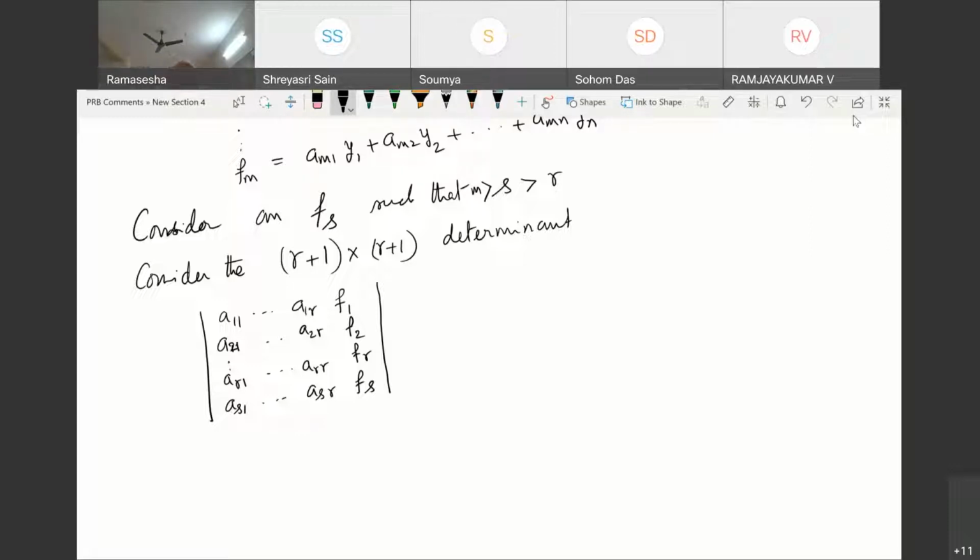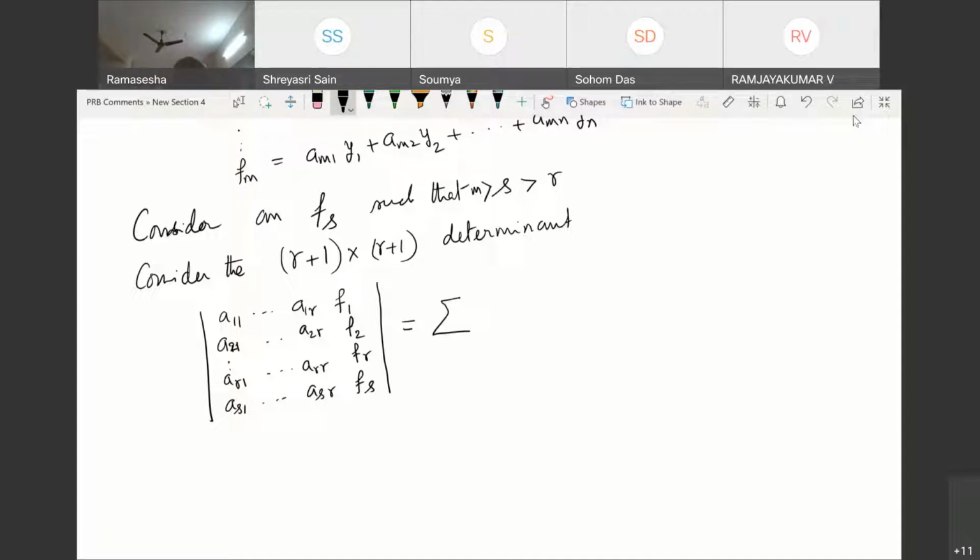Now I can replace the values for f1 to fs, and I can write it in the following fashion. I can use one of the theorems of determinants, that if one of the columns is a sum of two elements, then I can write it as a sum of two determinants. If f1, f2, fr, fs are all sums of two values, then I can write them as two determinants, and if they are sums of n values, I can write them as a sum of n determinants.